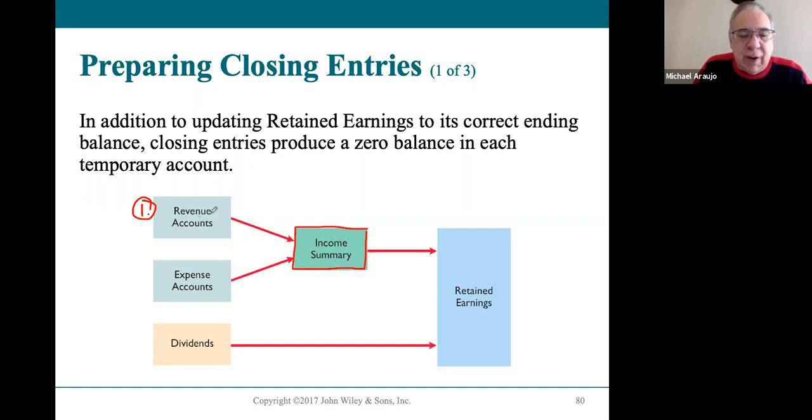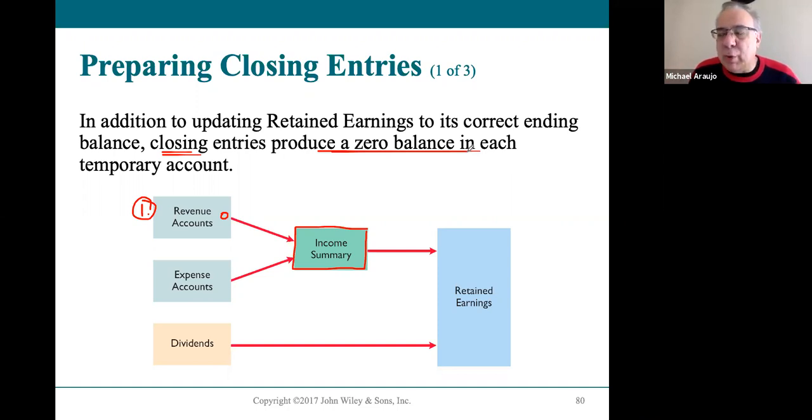After we close the revenue accounts, we will simply have a zero balance in them. And that's the only thing that closing does. You close to get a zero balance in the account. To get a zero balance in the account, both sides of the account must equal, right?